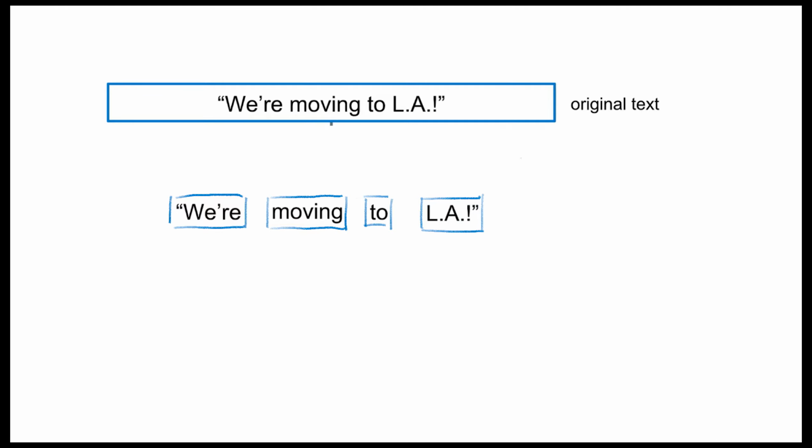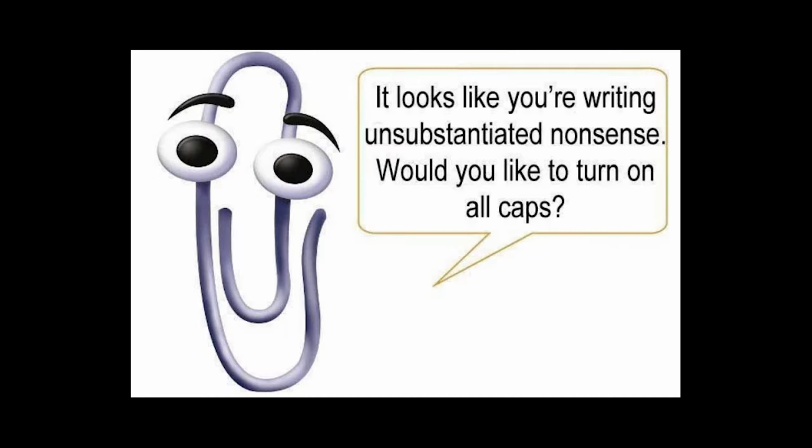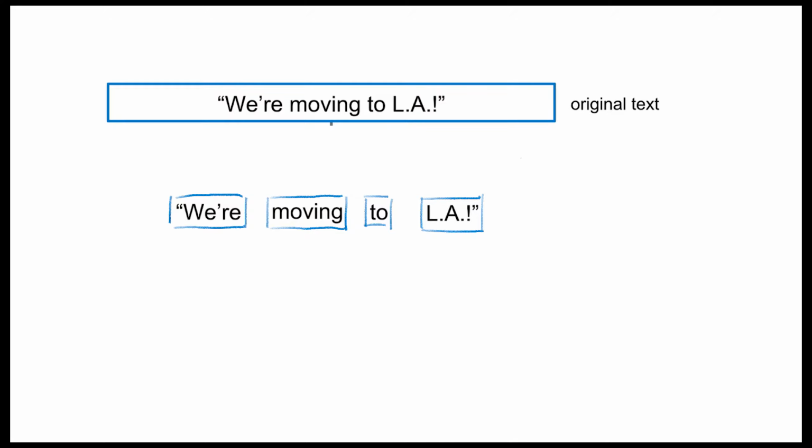Because these tokens would be treated as distinct entities even though they represent the same words as LA without the punctuation. The computer doesn't see them as the same thing. That's not even considering the noisy text data that could be on the internet, where humans aren't even speaking human language properly.